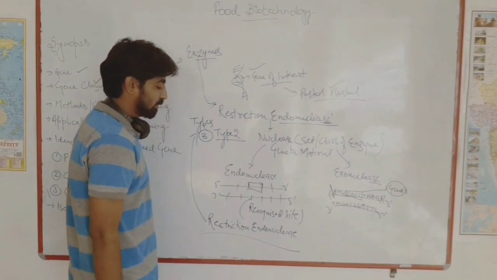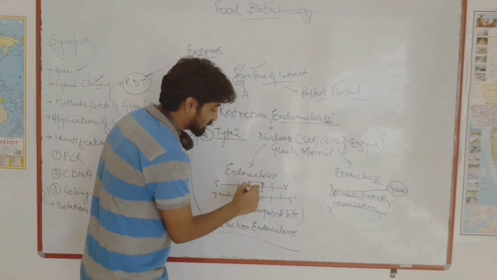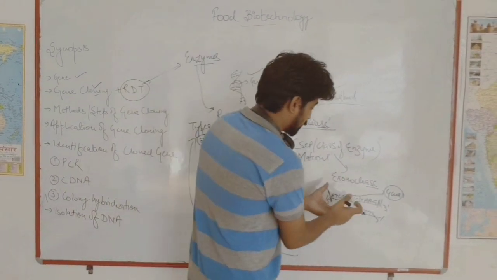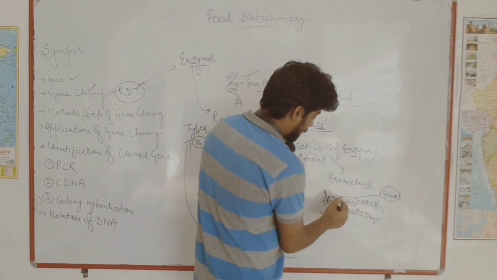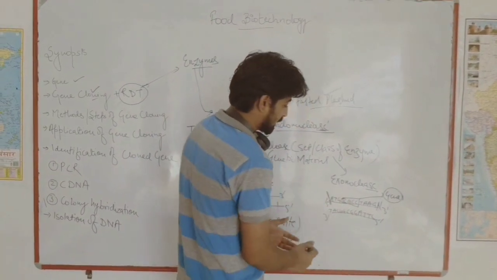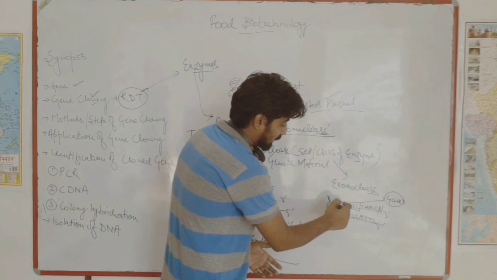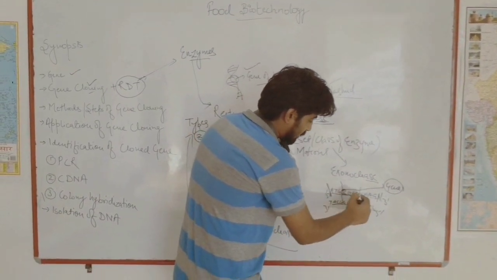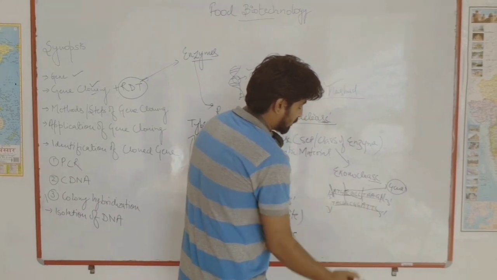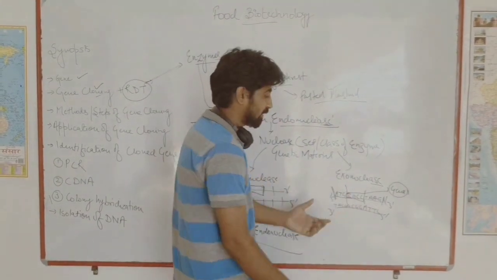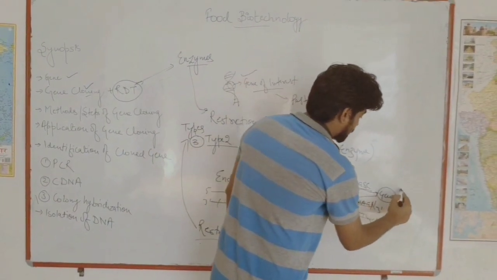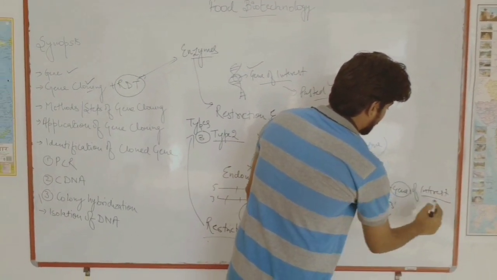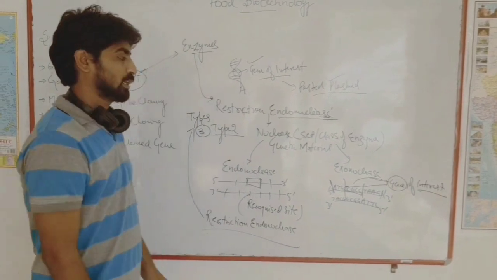This type 2 will perform the cut at a specific place. For example, this was the set of sequence where we have to perform the cut. We performed the cut in between G and T and in between C and T. So this cut will be performed at the recognized site and you will have the gene of interest, which will be used in recombinant DNA technology.